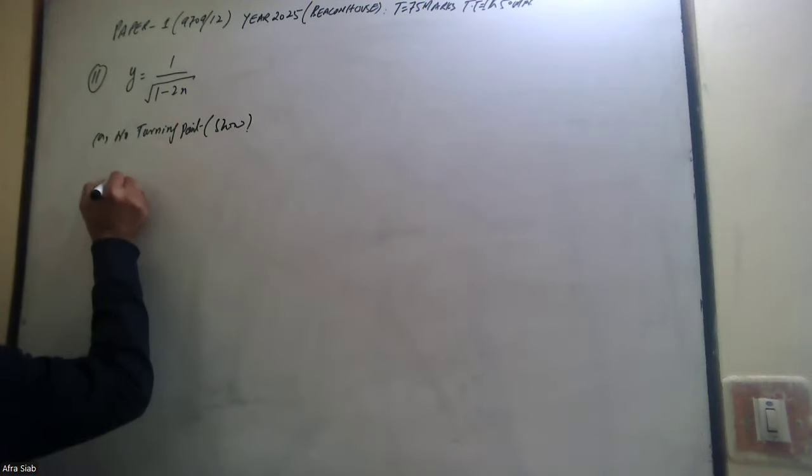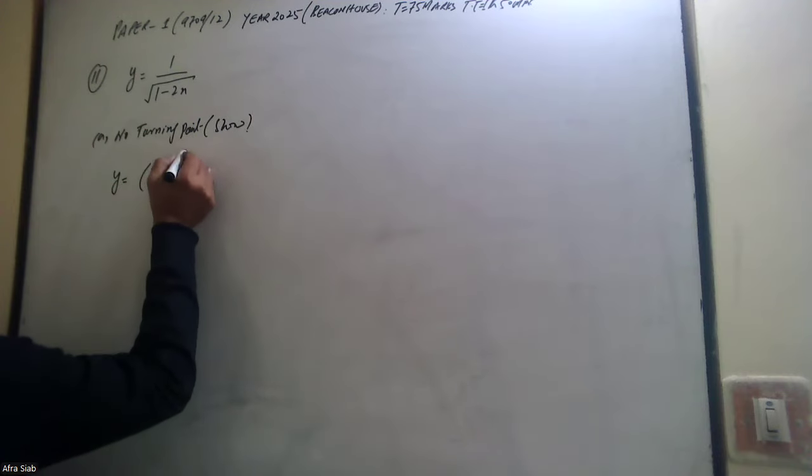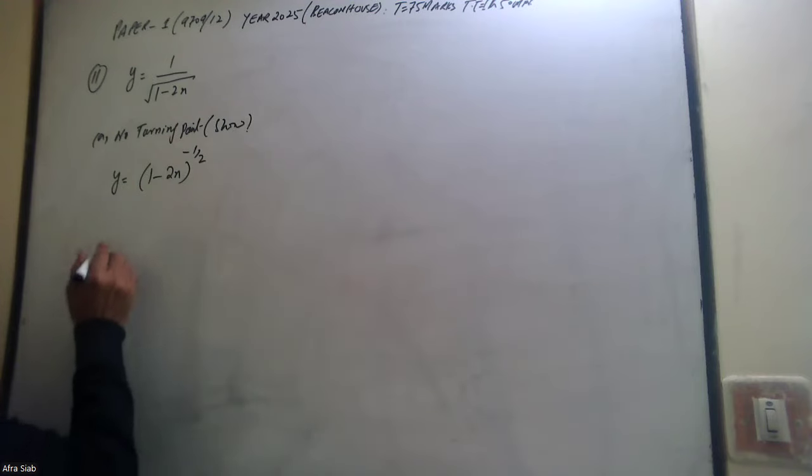We know that this y can be written in the form of 1 minus 2x power minus half. No turning point means what? There is no value of x for this portion there.